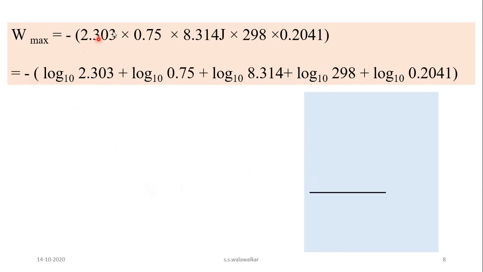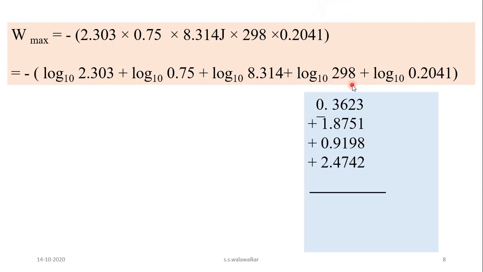So minus, log of 2.303 plus log of 0.75 plus log of 8.314 plus log of 298 plus log of 0.2041. Now log of 2.303 is this much, 0.3623. Log of 0.75 is bar 1.8751. Log of 8.314 is 0.9198.